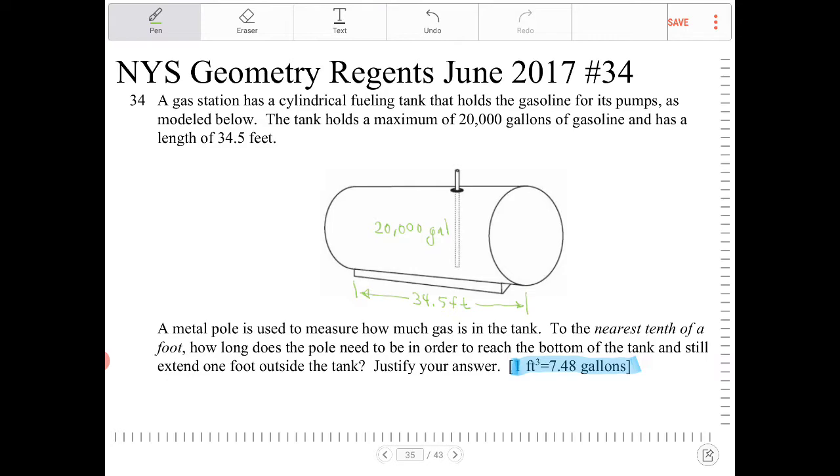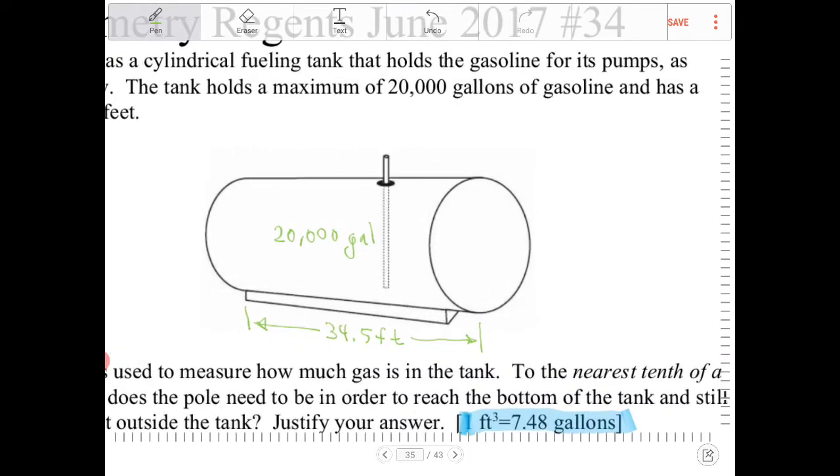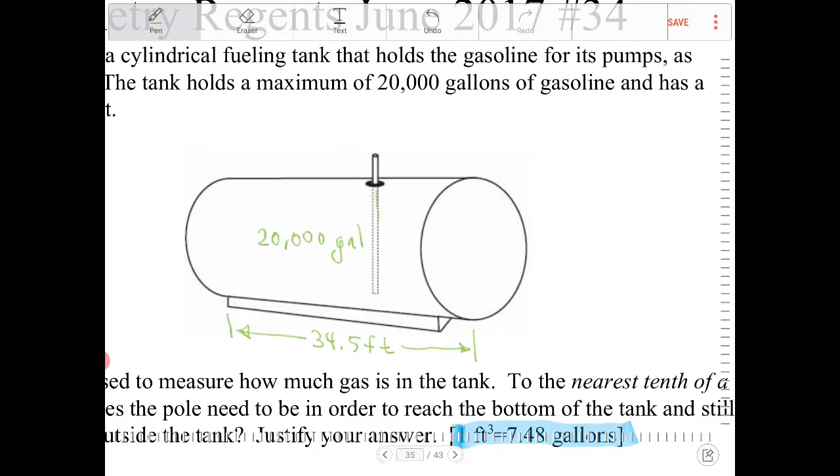So in this question, I already labeled the diagram before starting the video. What we're really looking for here is the diameter of this tank, because the pole needs to go from the top of the cylinder down to the very bottom of the cylinder, and that is going to be the diameter.